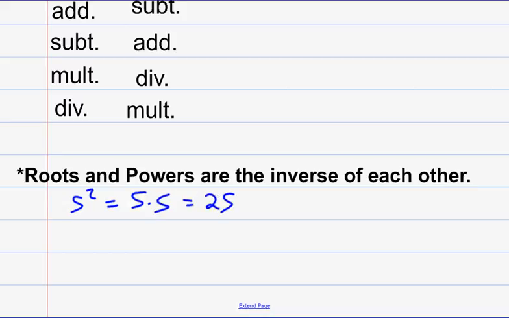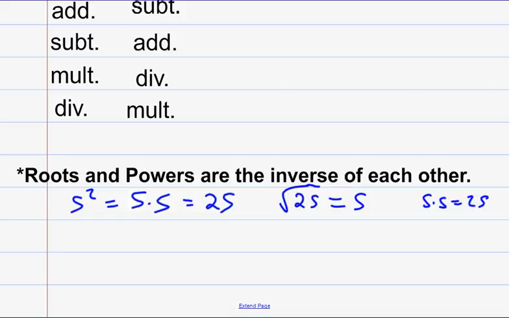The inverse of that would be square roots. So now let's go from 25 and go backwards. The square root of 25 is 5, because 5 times 5 equals 25.